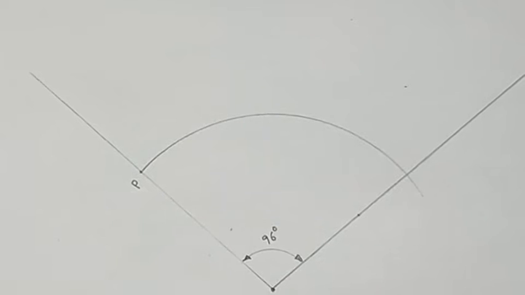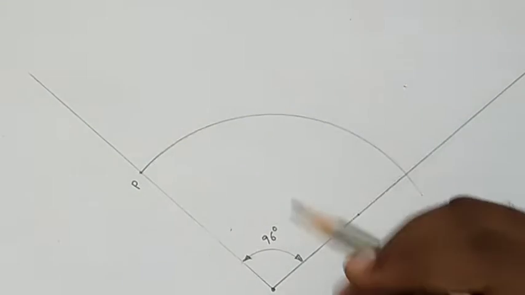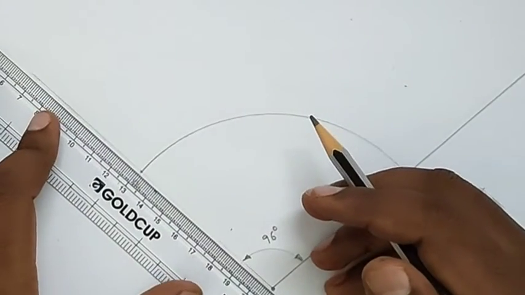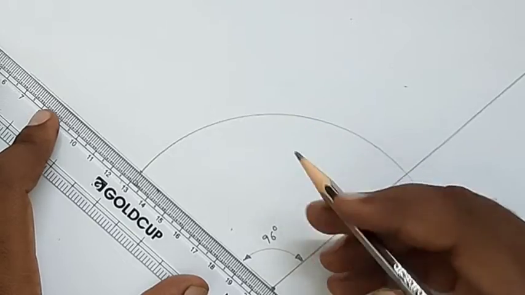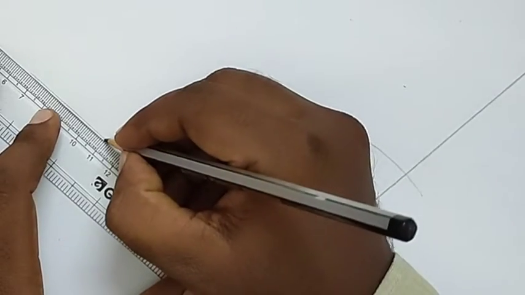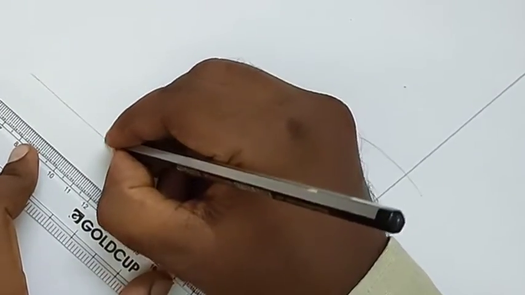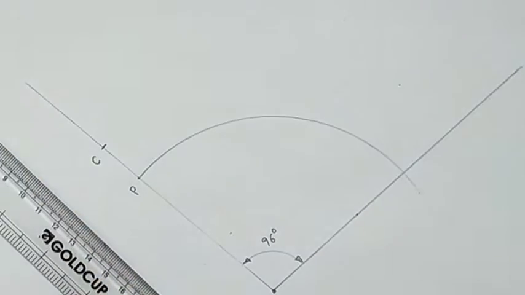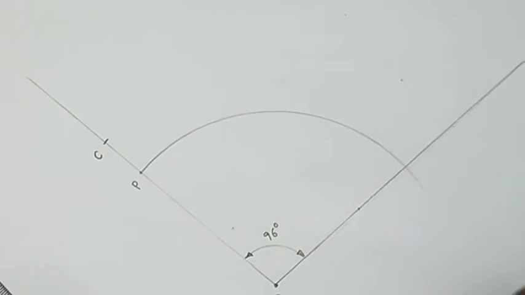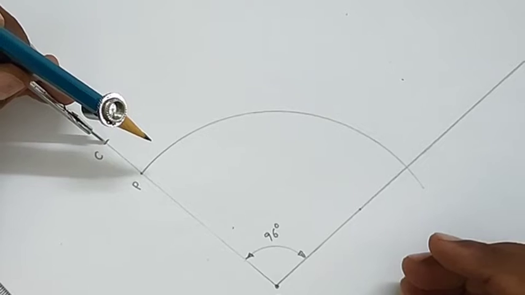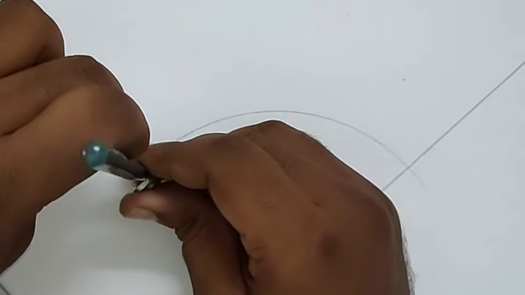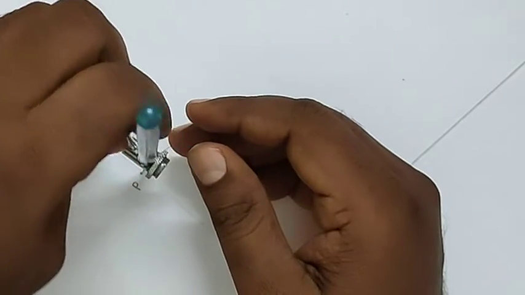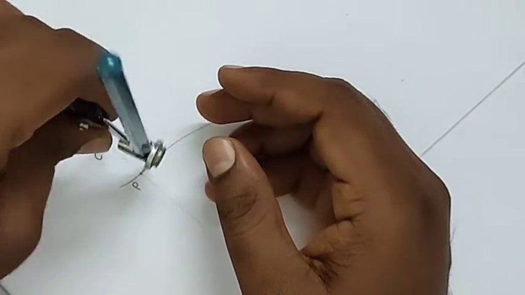From the point P, with the radius of 20 mm, we extend the P line another 20 mm in the upward direction and locate point C. Now, taking C as center and CP as the radius, draw a circle of 20 mm radius.